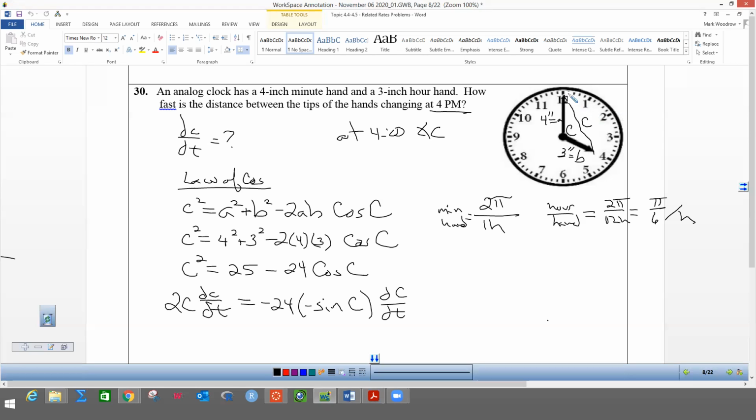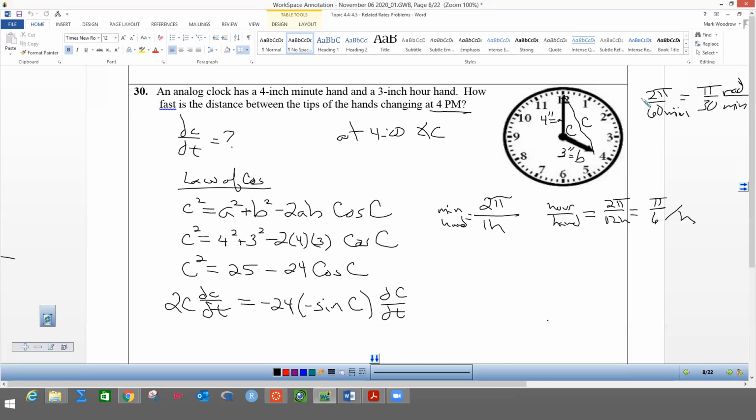The minute hand goes around 2 pi per 1 hour, which is 2 pi for 60 minutes, which ends up being pi over 30 radians per minute.